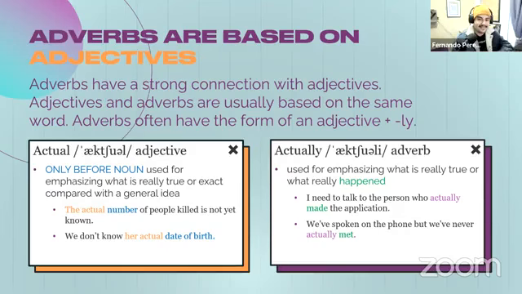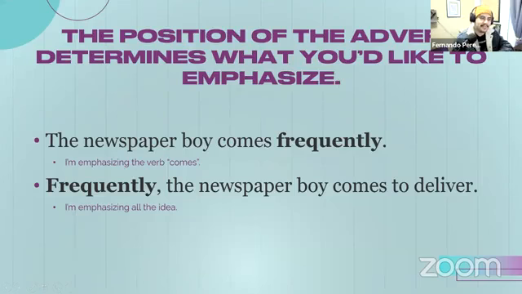Something like that, like you are saying that is not true, but with emphasis. Yes, totally. That's super interesting that you mentioned that, because we are talking about the position of the adverb, no? That's super interesting. This is precisely what we are going to say here. Observe this. The position of the adverb determines what you'd like to emphasize.